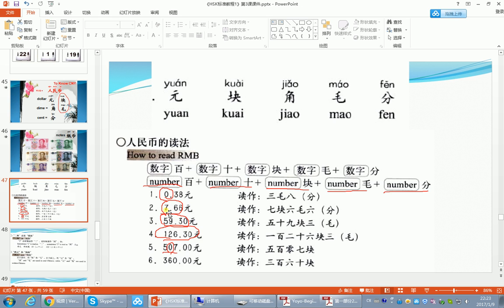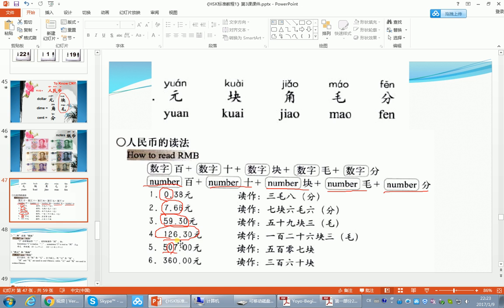And this one, $7, 7块, 6 dime 6毛, 6 cents 6分, 7块6毛6分. And this one, 59块3毛. It's 0 cents, so we don't read it.